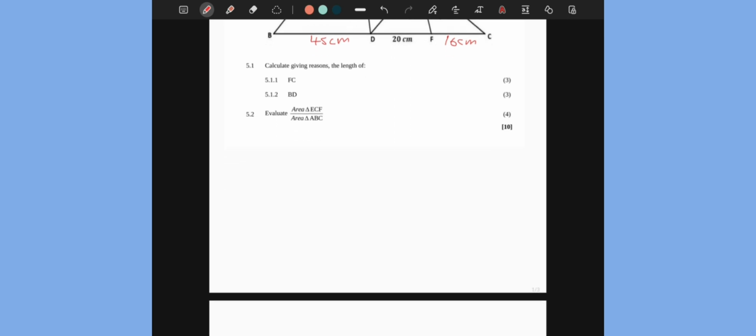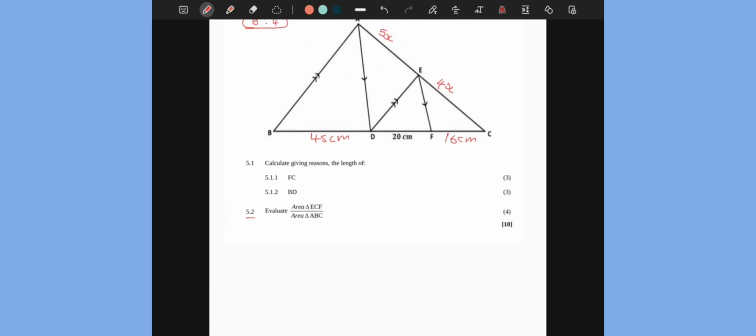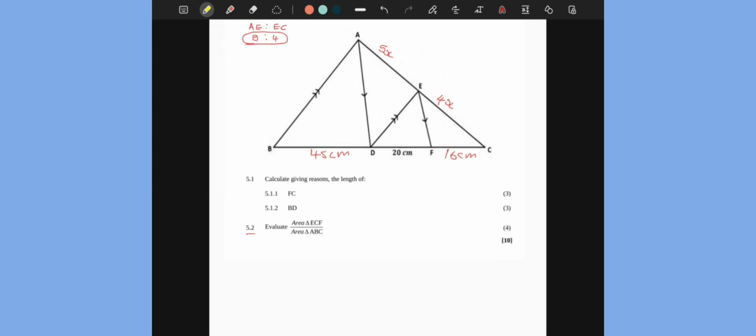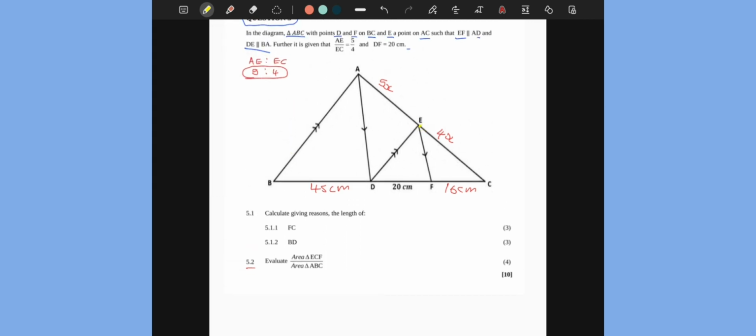Then the last question, which is 5.2 here, they want us to evaluate the area of ECF. So we need to highlight the ECF on our diagram. Let me highlight the triangle.